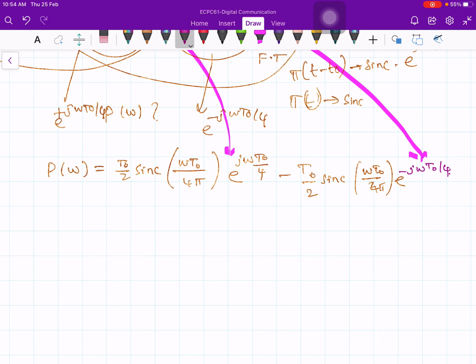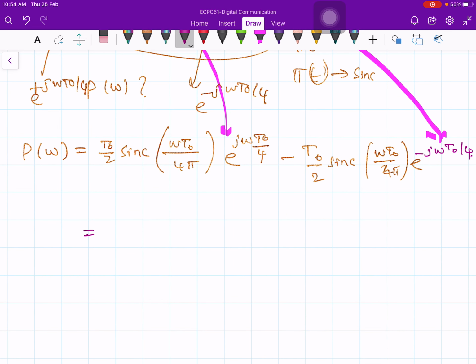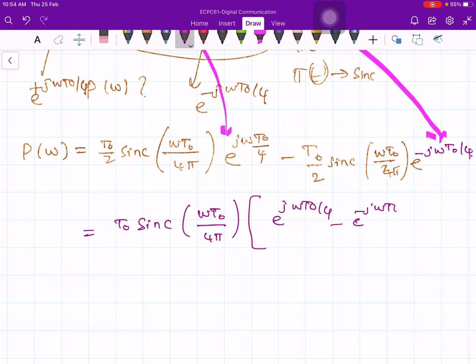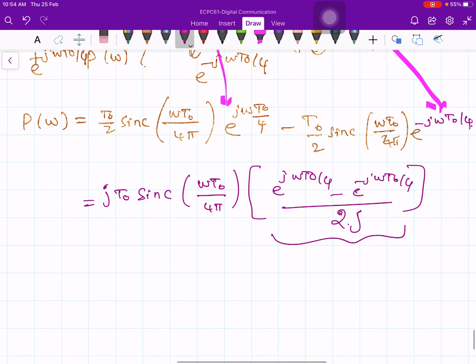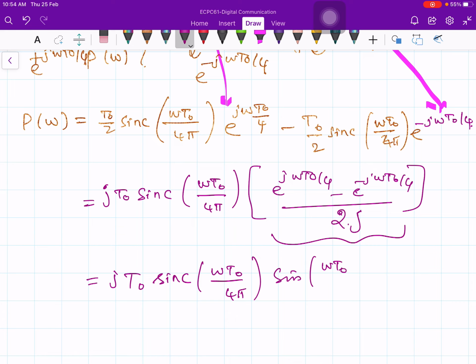And now this equation can be factored out. So you can take t0 sinc of omega t0 by 4 pi commonly, and e to the j omega t0 by 4 minus e to the minus j omega t0 by 4, and here 2 is there, and you multiply and divide by j, and this is going to be the sine function. So, j times t0 sinc of omega t0 by 4 pi sine of omega t0 by 4.